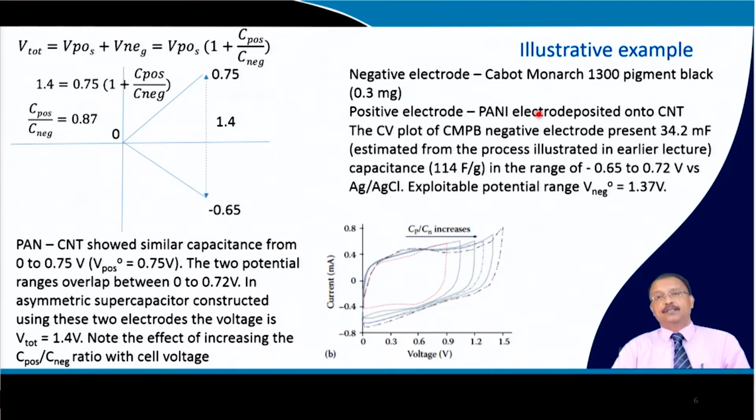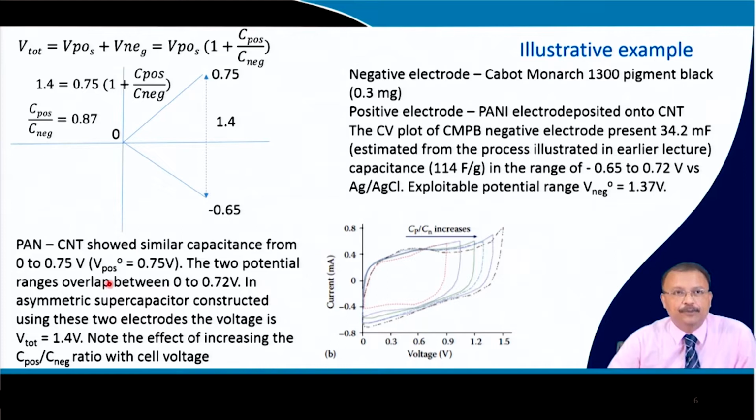This is basically an EDLC type of carbonaceous material. So, I can build an asymmetric capacitor, where this PANI CNT will be my positive electrode, and this Cabot Monarch 1300 pigment, abbreviated as CMPB, will be my negative electrode.